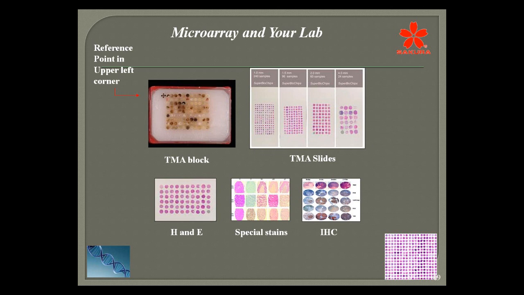You can use them for H&E. The H&E array can be used to scan the types of tissue that's in there for immunohistochemistry staining or any other type of staining. You can use these for special stains. You don't always have to make a core necessarily. For example, I like to make some for special stains. Let's just take trichrome.